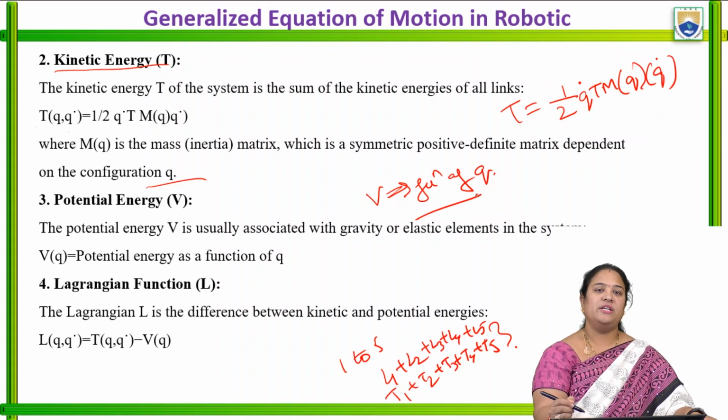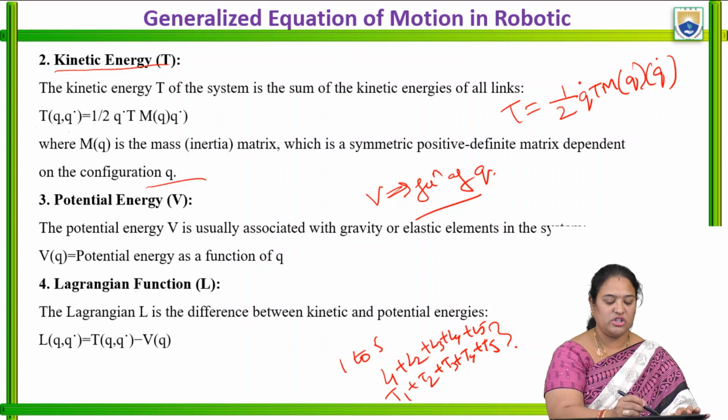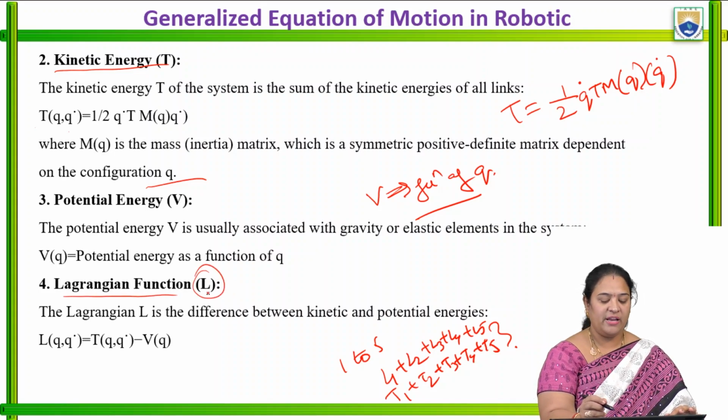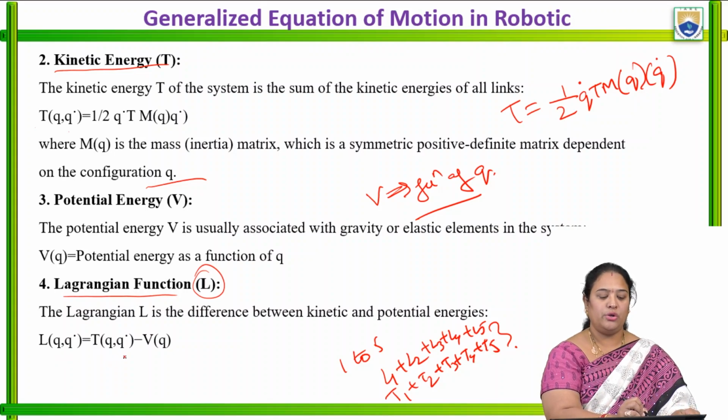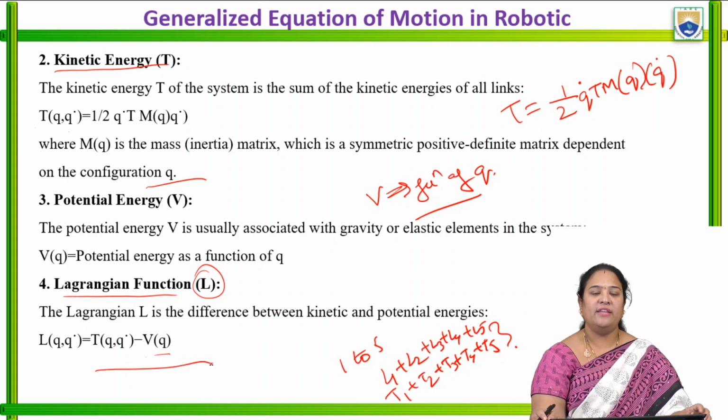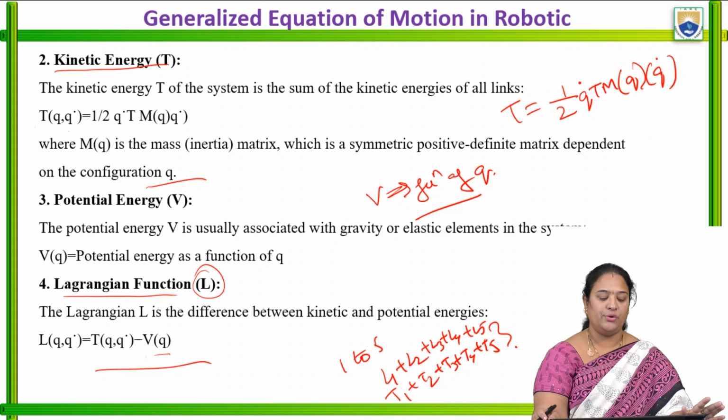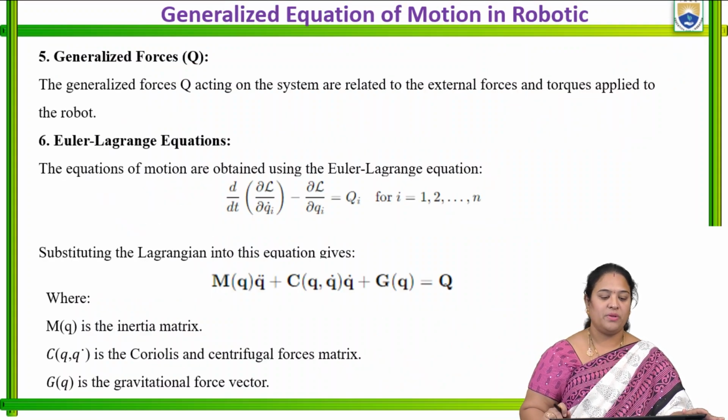The Lagrangian function we determine as L, where L of q, q dot is equal to T of q, q dot minus V of q. That is how we write the Lagrangian function.